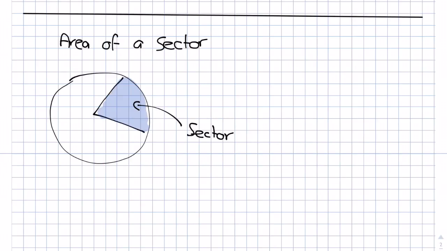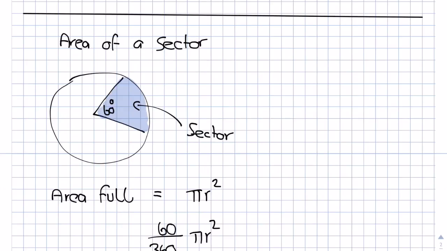If this was, let's just make up, 60 degrees, you know that the area of the full circle is pi r squared. So we don't have the full circle, we have a fraction of the full circle. It's not half of it, it's not a quarter of it, but it is a fraction of it, and the specific fraction we have is 60 360ths of it. 60 degrees out of 360, so that's the fraction we have of pi r squared.